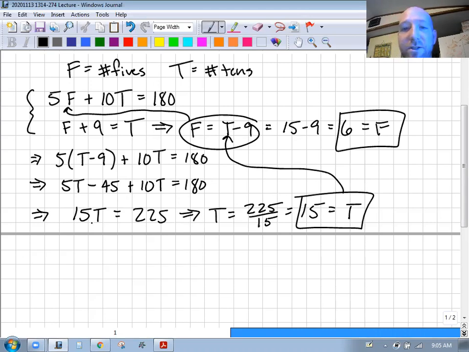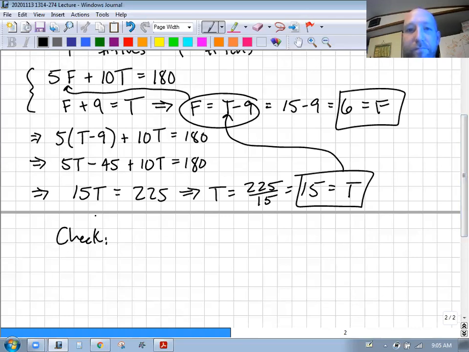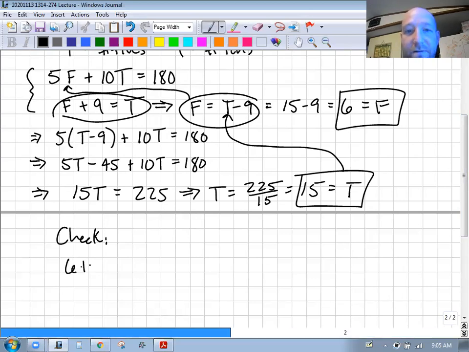We can check our answers, make sure they validate both of these equations. Let's plug them into this one here. F is 6. All right, 6 plus 9 is 15, and that's what t is.